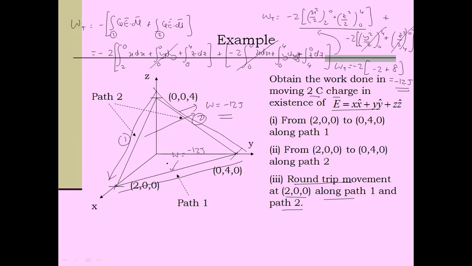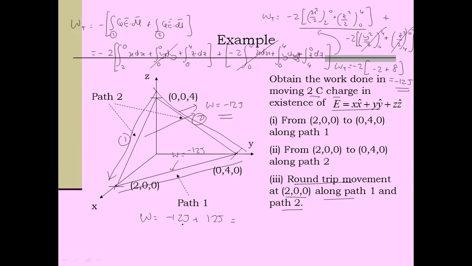So from here, we can say that if the movement from 200 to 040 is negative 12 joule, then if we consider a movement the other way around, moving from 040 to 200, the work will be positive. So if the work for path 1 is negative 12 joule, we add the work required if we move a charge from 040 to 200, which is positive 12 joule.